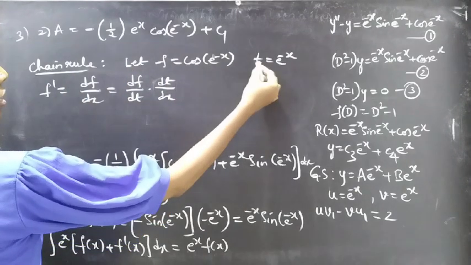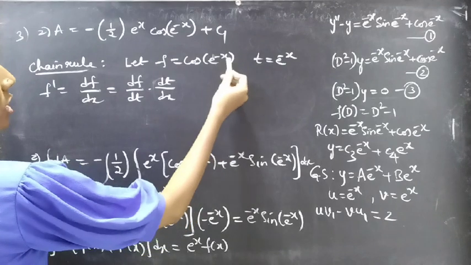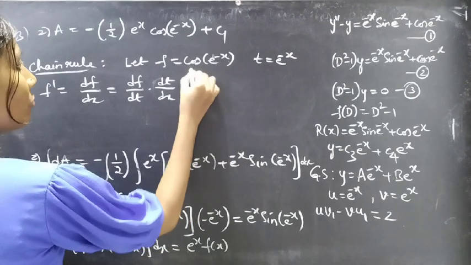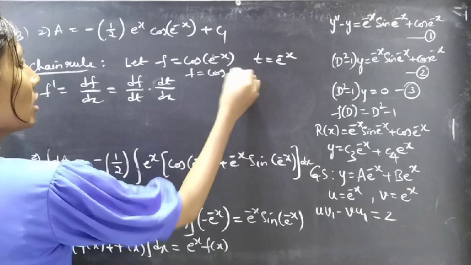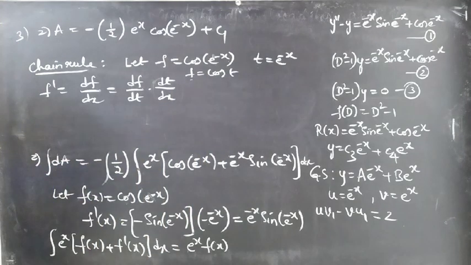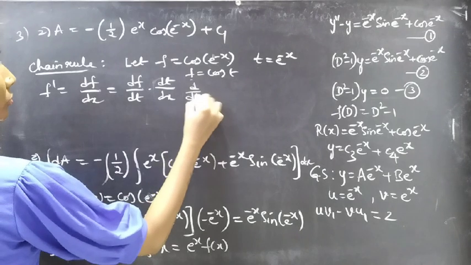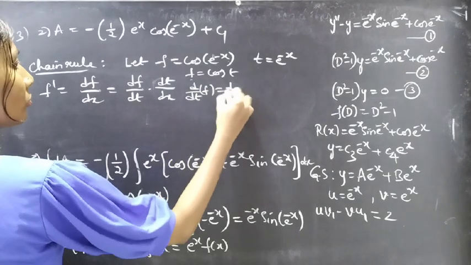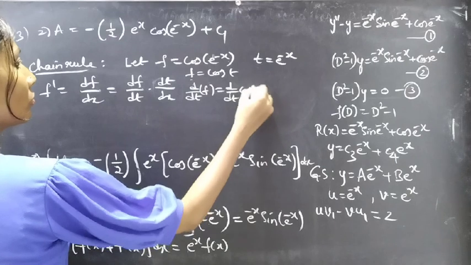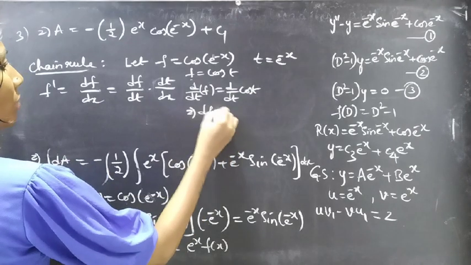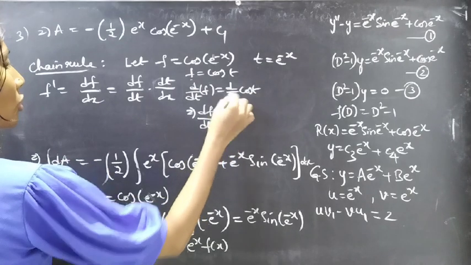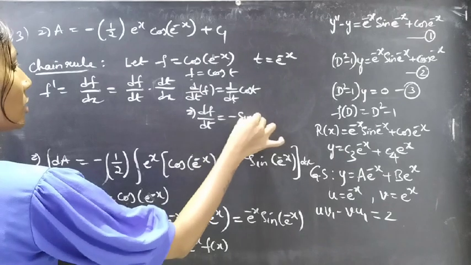See, we have considered e power minus x as t, then we'll get f equal to cos t, right? Now differentiate on both sides with respect to t, then you'll get df by dt equal to the derivative of cos t with respect to t, which is minus sine t, right?